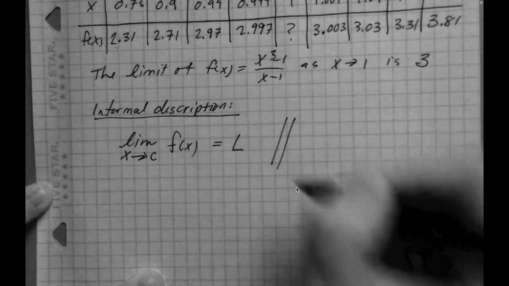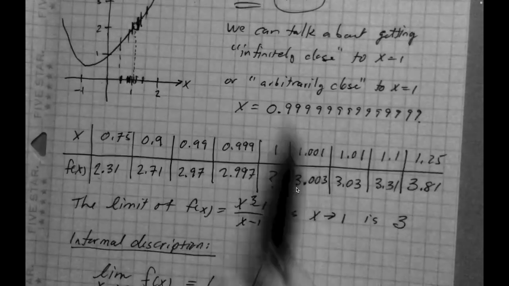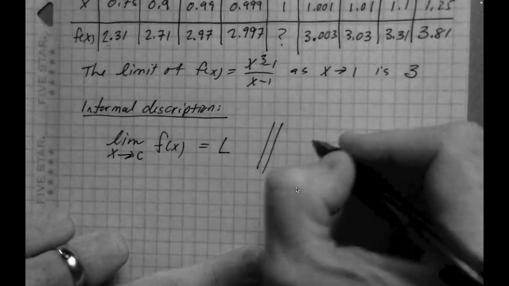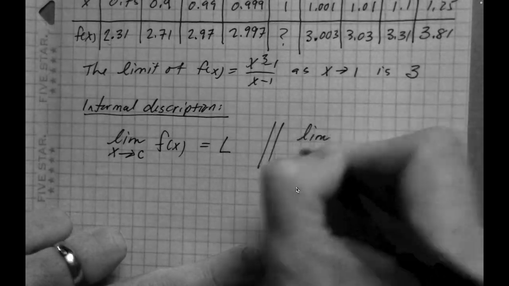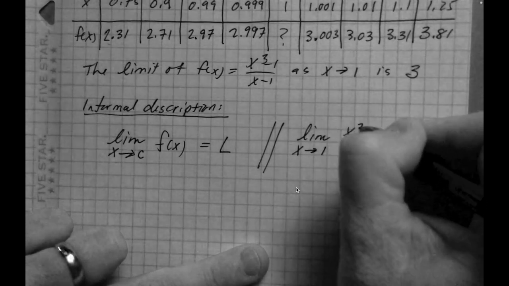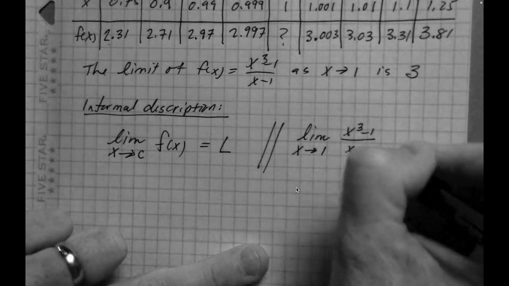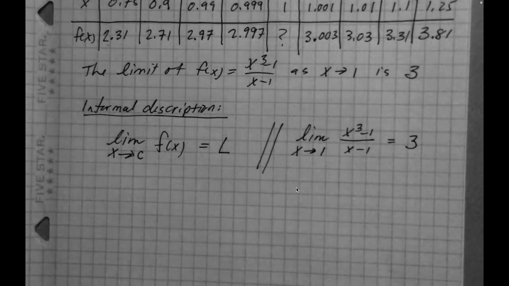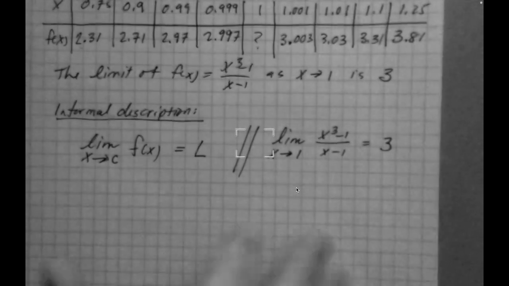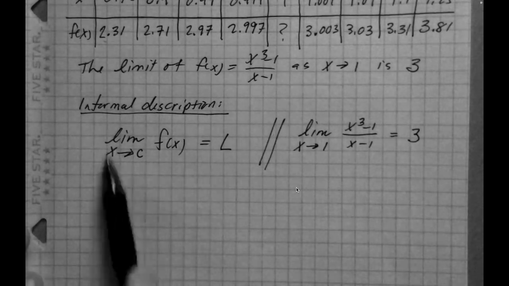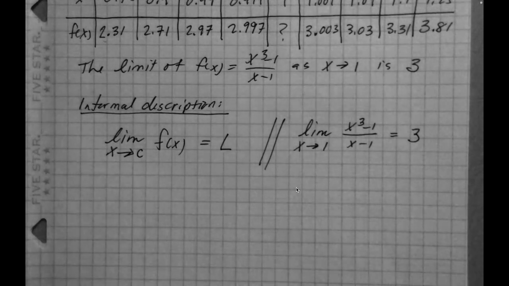Now, if I were to take our specific example from above and plug it into this notation, what we would have is the limit as x approaches 1 of x cubed minus 1 over x minus 1 is 3. So that would be the notation of limits. And now let's talk through what this means.